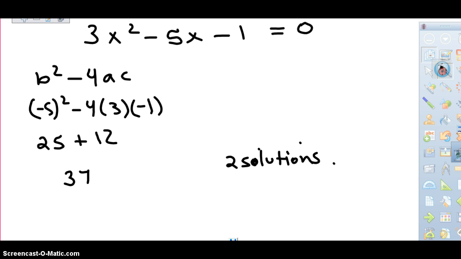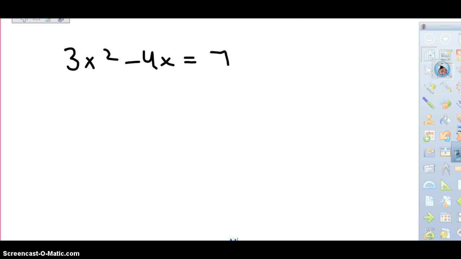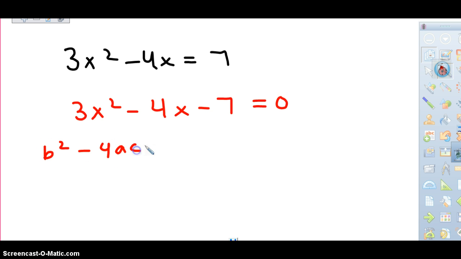We need to find the number of solutions. We need to write this in standard form. 3x squared minus 4x minus 7. And we can use the discriminant. b squared minus 4ac. Negative 4 squared minus 4 times a times c.